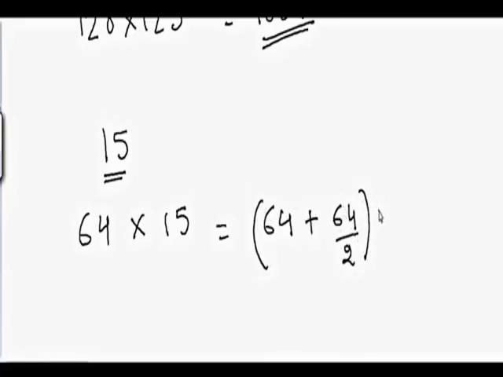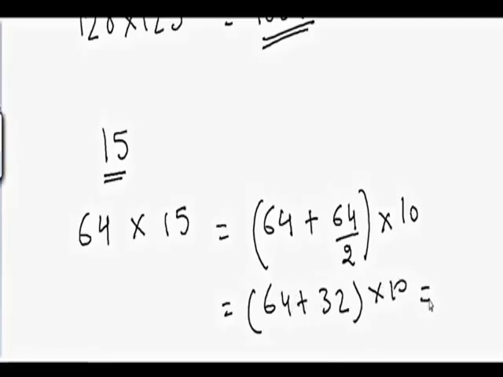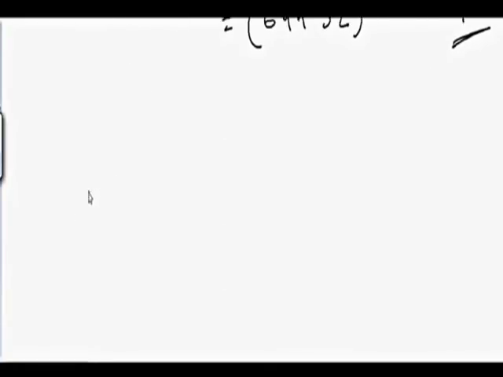So that will be equal to 64 plus 32 into 10, and that's equal to 96, right? So let's do it quickly. Suppose if I have 44 and want to multiply by 15, so I know that half of 44 is 22, so that will be equal to 66 and then a 0, so that will be 660.